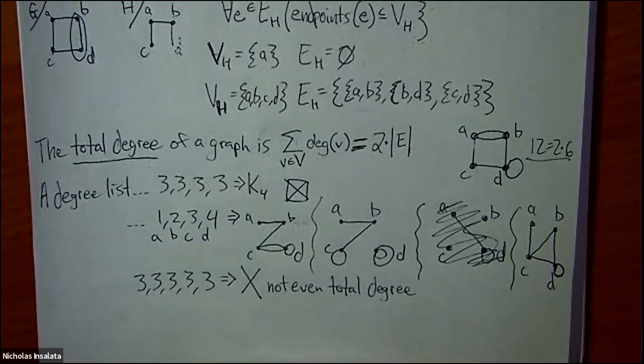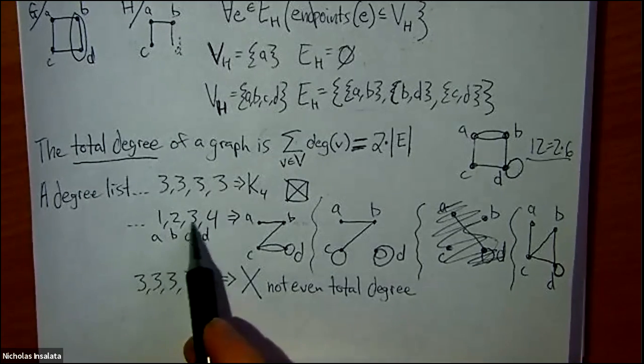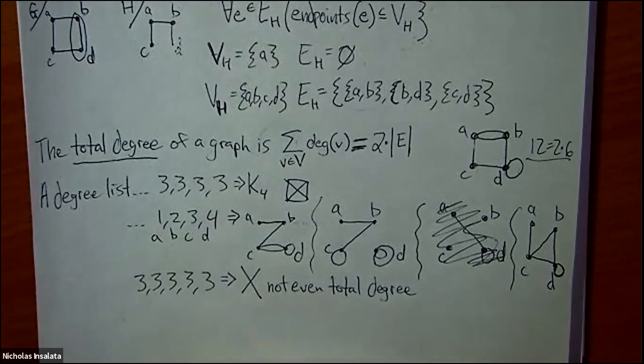So we need even total degree, but obviously we can have some vertices that are odd degree. What do we know about the number of vertices of odd degree if the total has to be even? There has to be an even number of vertices with odd degree.